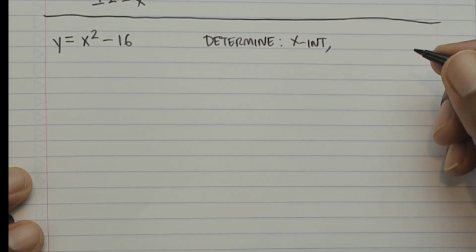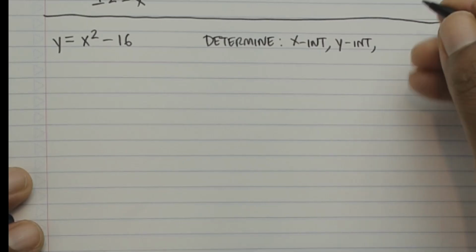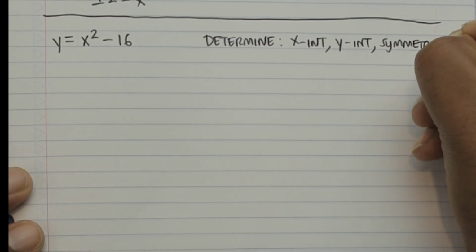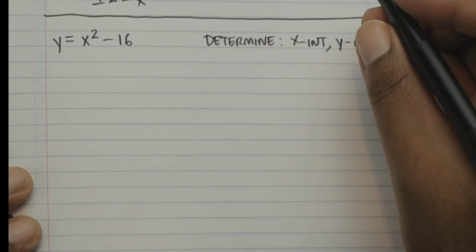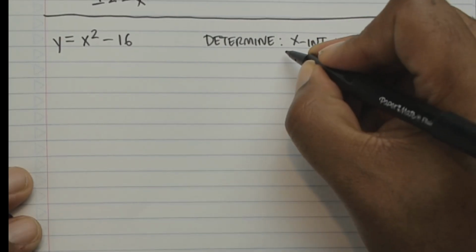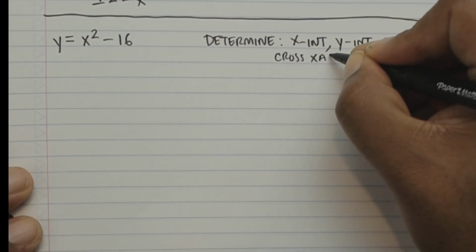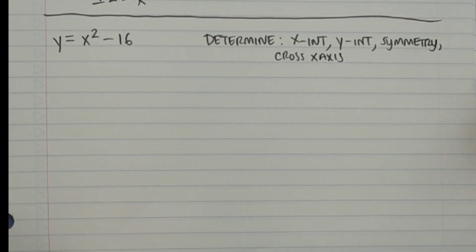Determine the x-intercept, y-intercept, symmetry, whether the graph crosses the x-axis, and then explain why your answers are consistent with one another. So pause the video now and attempt the problem before continuing.